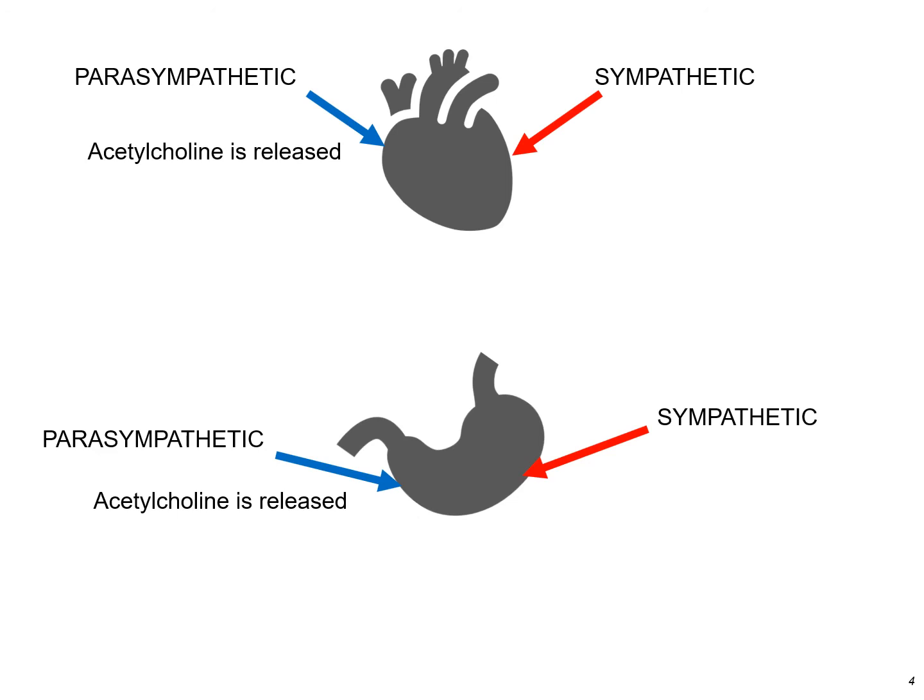So here's the situation for our parasympathetic division. Whatever is the target organ, acetylcholine is released as soon as a nerve impulse gets to the axon end bulbs, whether it's the heart or the stomach.